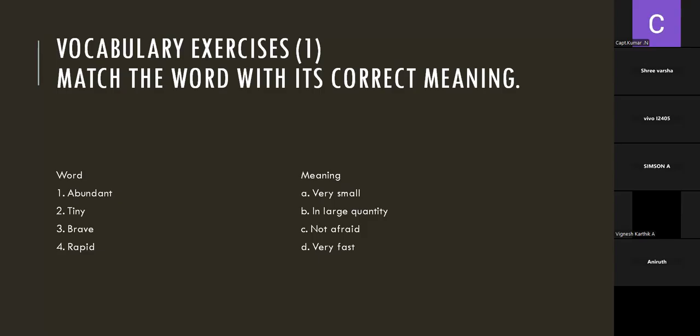Let's start with the exercise. Vocabulary exercise. First, match the word with its correct meaning. This part is word. Second part is meaning. Abundant, very small, tiny, in large quantity, brave, not high, rapid, very fast.